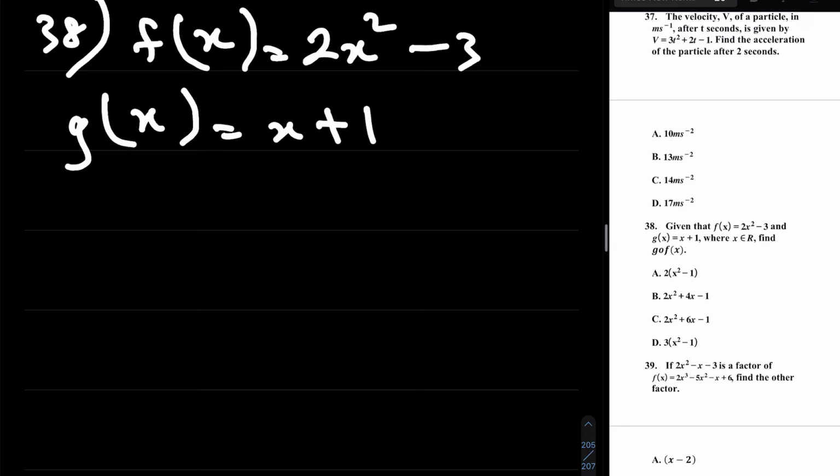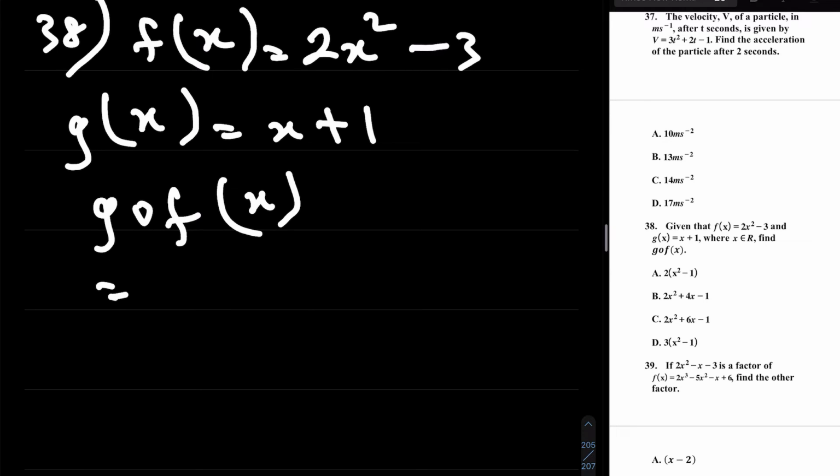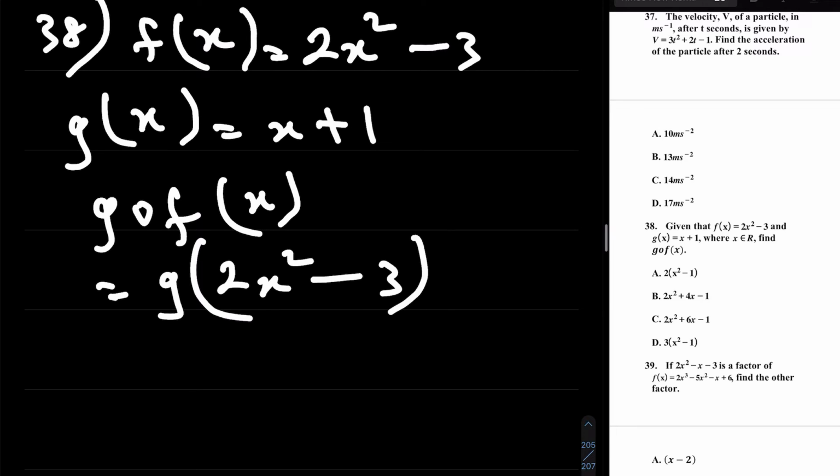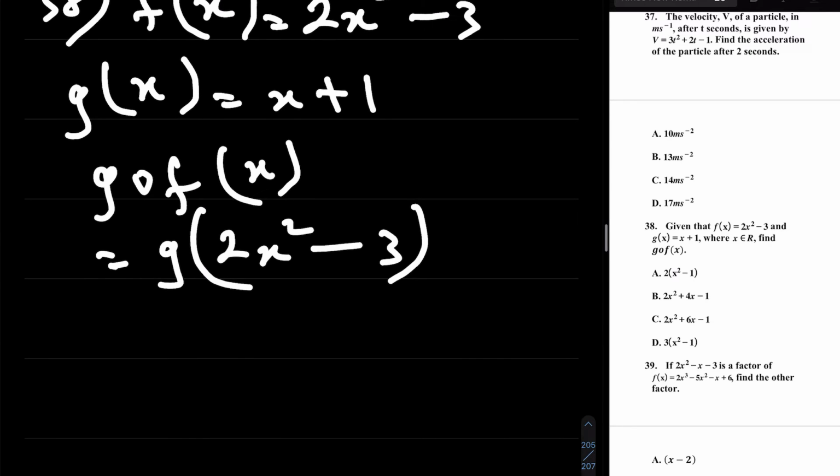First of all, if you want to find g of f of x, that simply means g of f of x will be equal to g of 2x squared minus 3. The trick here is that whenever you see x in g of x, you write 2x squared minus 3.